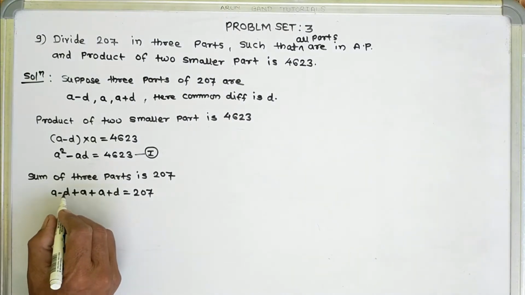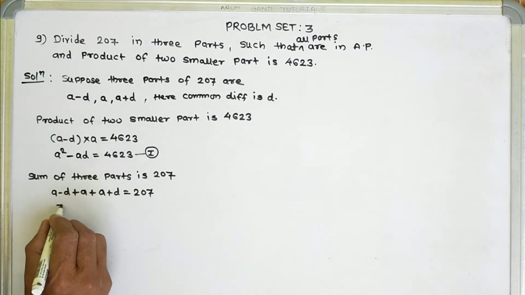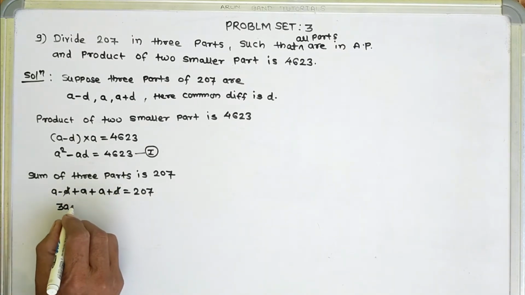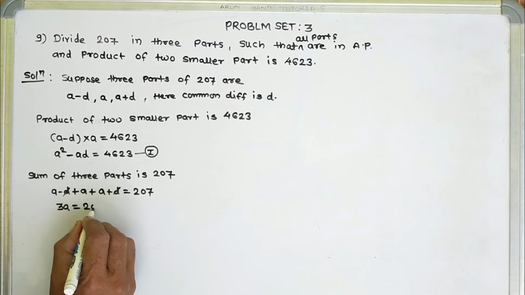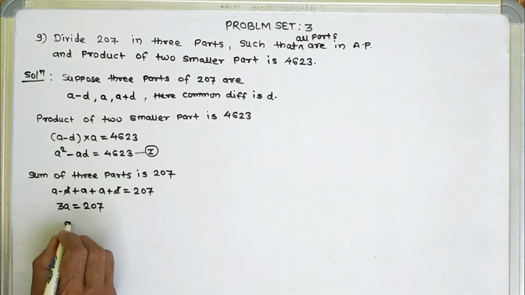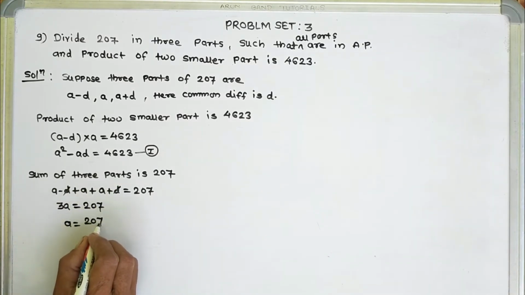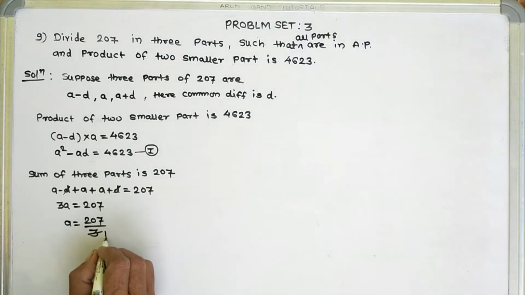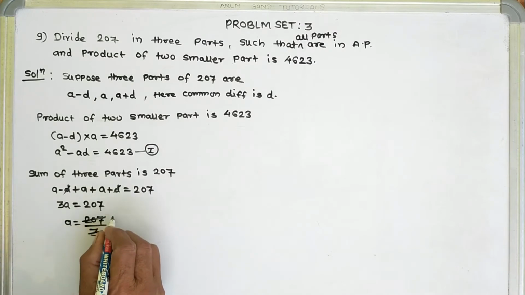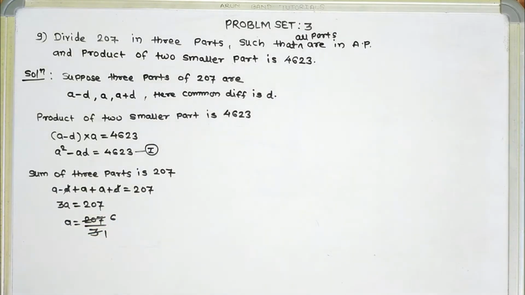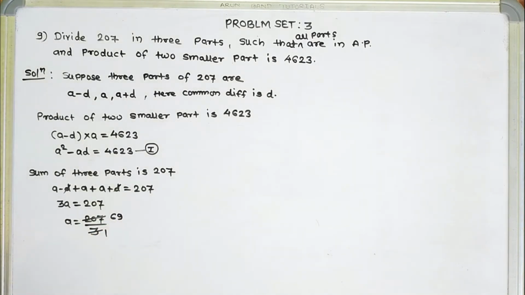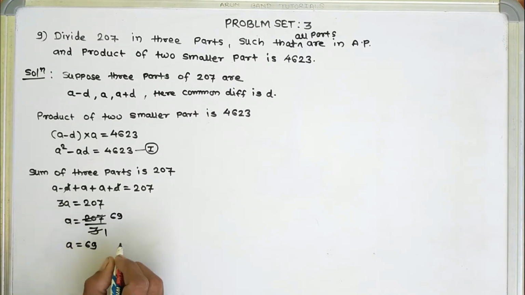Now a plus a plus a will be 3a, minus d and plus d will get cancelled. Here my 3a equal to 207. So a will be equal to 207 divided by 3. So 3 1s are 3, 3 6s are 18, then 3 9s are 27. So here a is equal to 69.